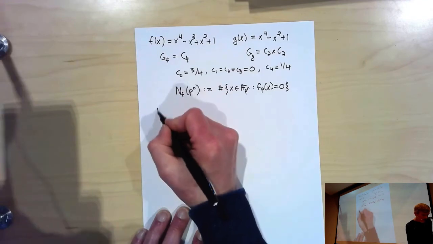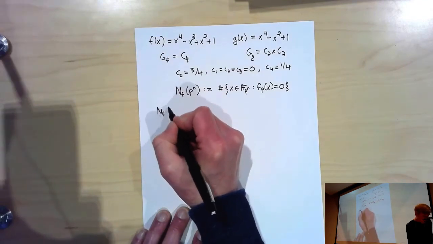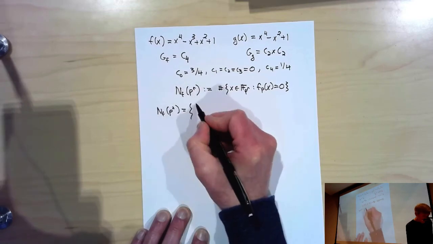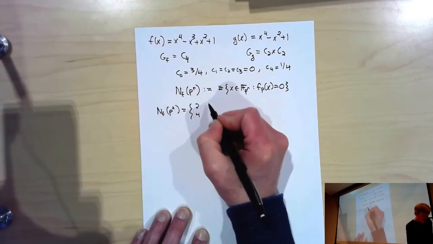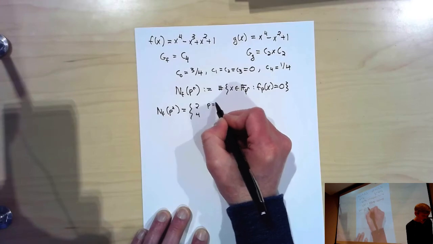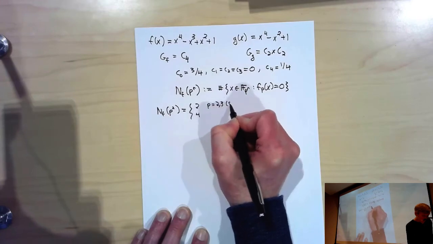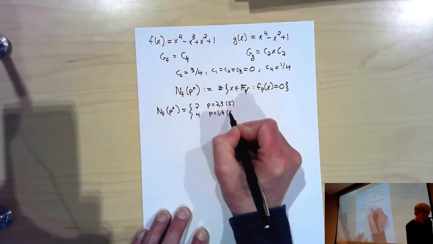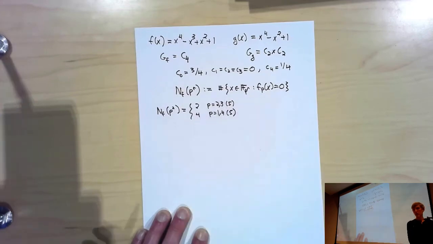And if we compute this for our 2 examples, N_f(p^2) is going to be either 2 or 4. It's going to be 2 when p is not a square mod 5, and it's going to be 4 when p is a square mod 5. This corresponds to which element of the Galois group we hit, which Frobenius element.